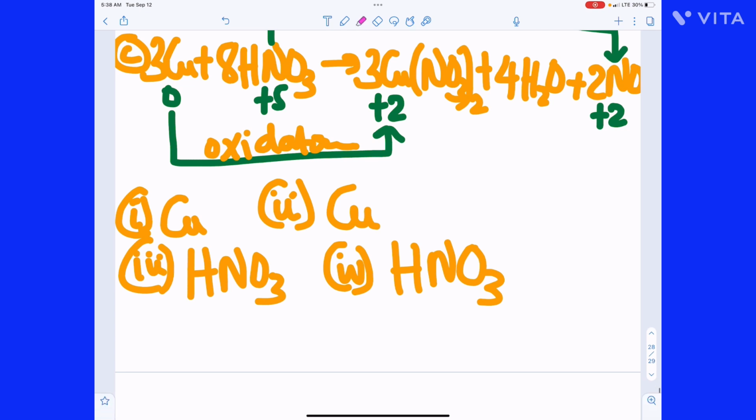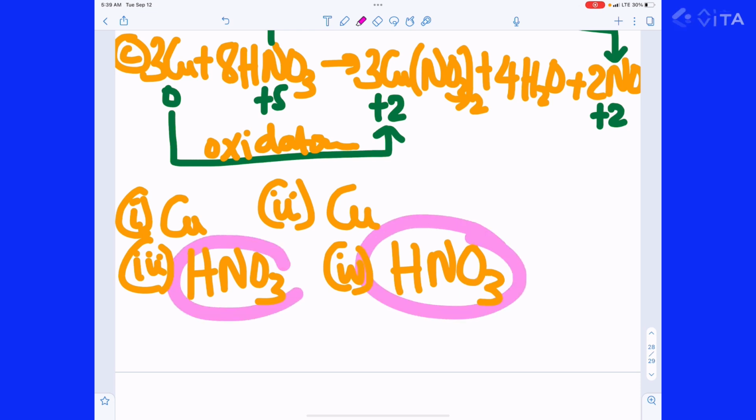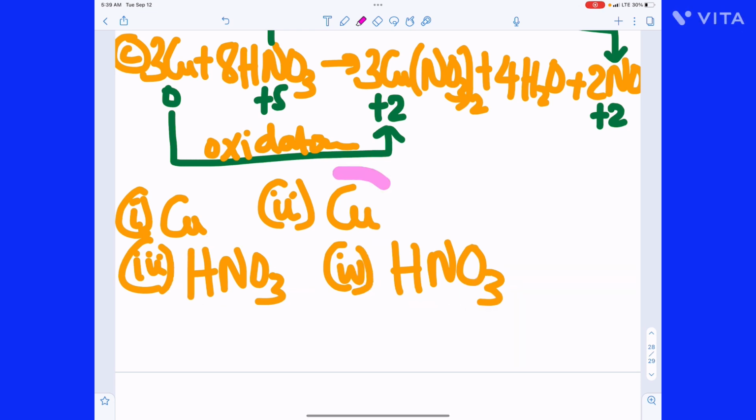So the oxidizing agent gets reduced. The reducing agent gets oxidized. Can you see what I just showed you? The oxidizing agent in a reaction gets reduced, and the reducing agent gets oxidized. So the substance that is oxidized in a chemical reaction is the reducing agent.